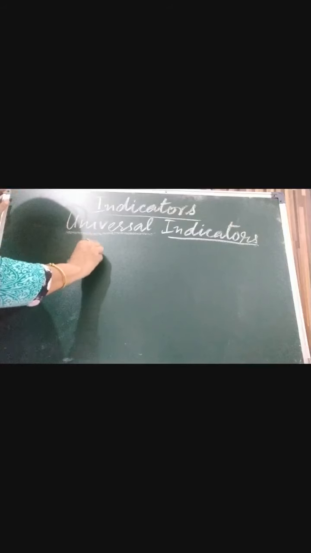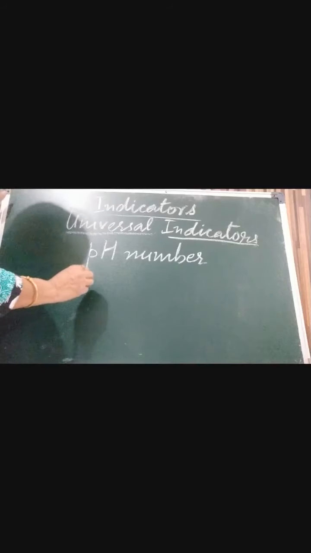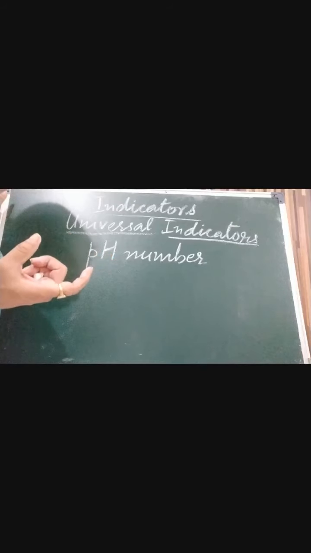The pH number is what we write first in this manner. This pH number tells us whether the substance is acidic or basic in nature, and what its strength is also. Children, the universal indicator is like a small strip.